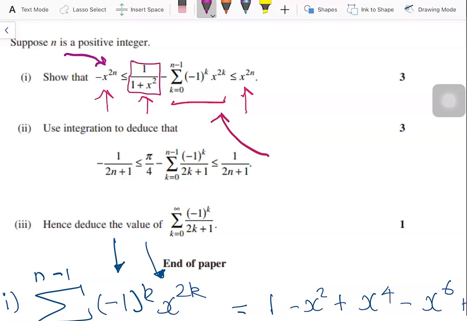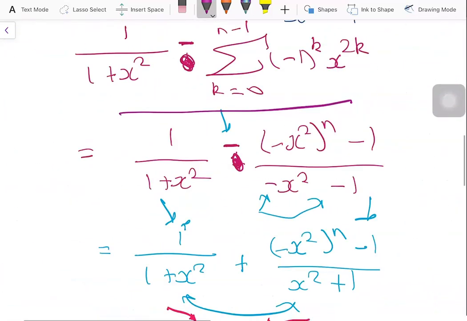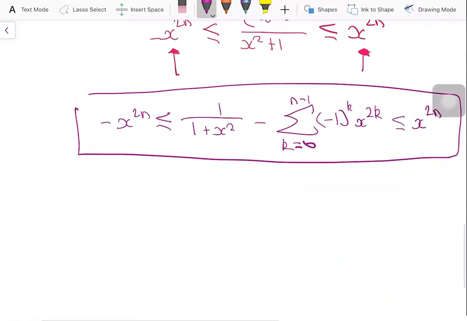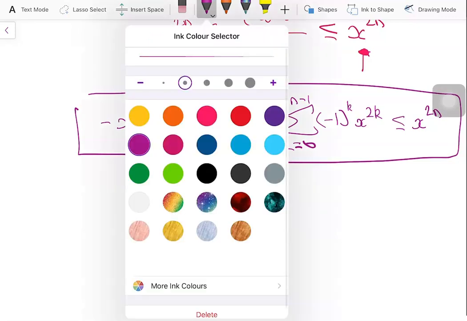Now, the second part is to use integration to deduce that negative 1 over 2n plus 1 is at most pi over 4 minus the sum of negative 1 to the power k over 2k plus 1 and less than or equal to 1 over 2n plus 1. So using the inequalities, we have to use integration somehow.